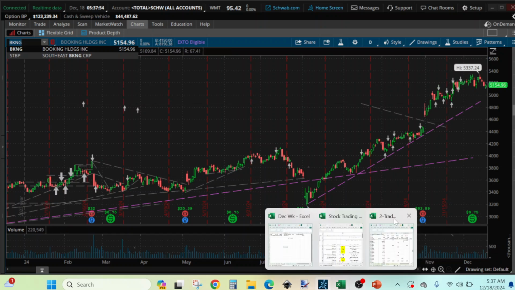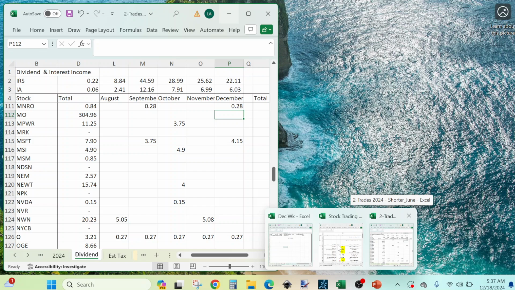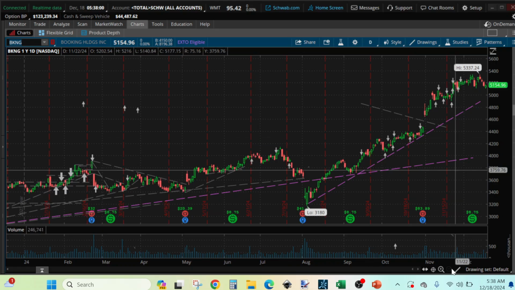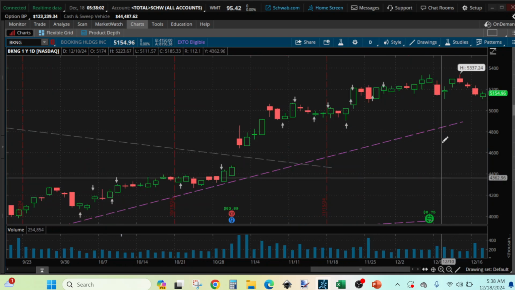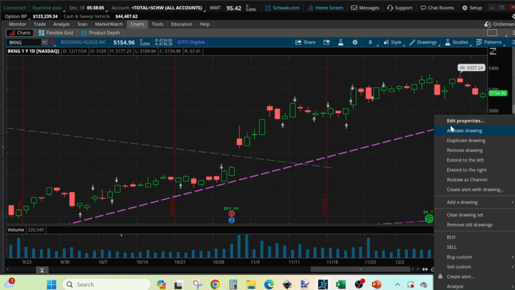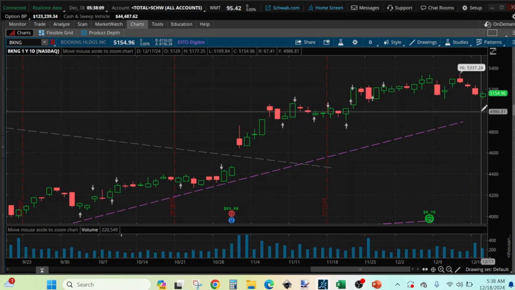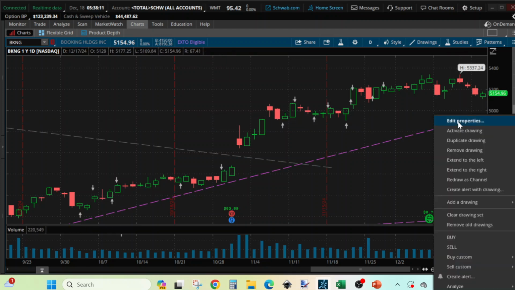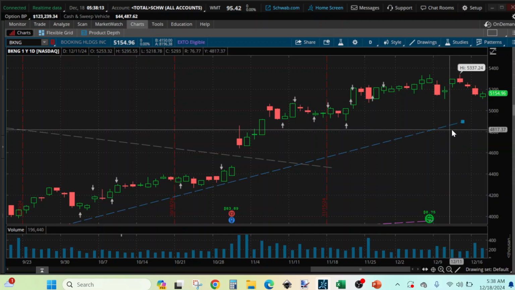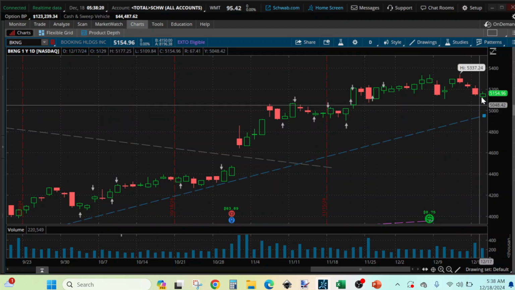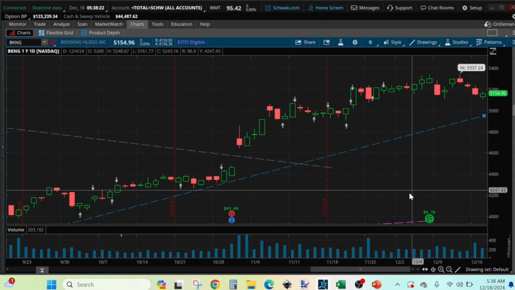So let me close this one and close this one. Let's extend the line a little bit. As you are progressing, you can extend your trend line to make it easier to evaluate. So we like to buy it on this line. We do have this one at the bottom as well.